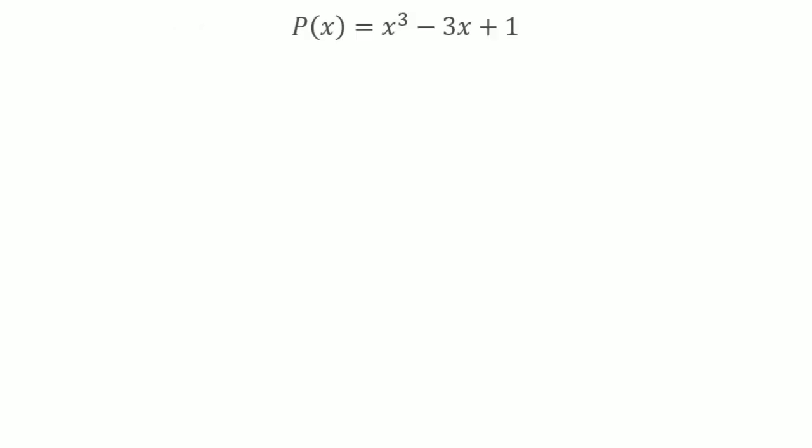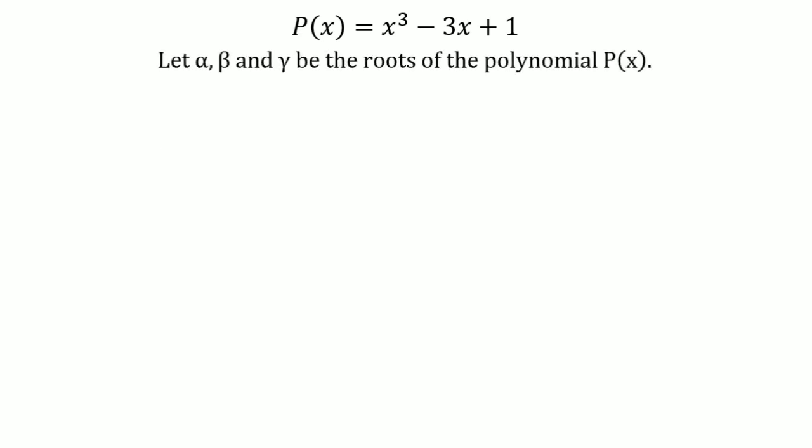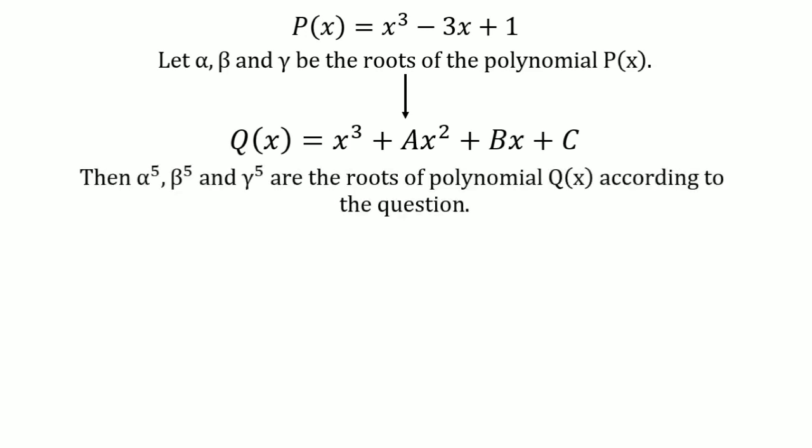Now consider our polynomial p(x). Let alpha, beta and gamma be the roots of polynomial p(x). And we have polynomial q(x) which is equal to x³ + ax² + bx + c. Then alpha to the power 5, beta to the power 5 and gamma to the power 5 are the roots of polynomial q(x) according to our question.